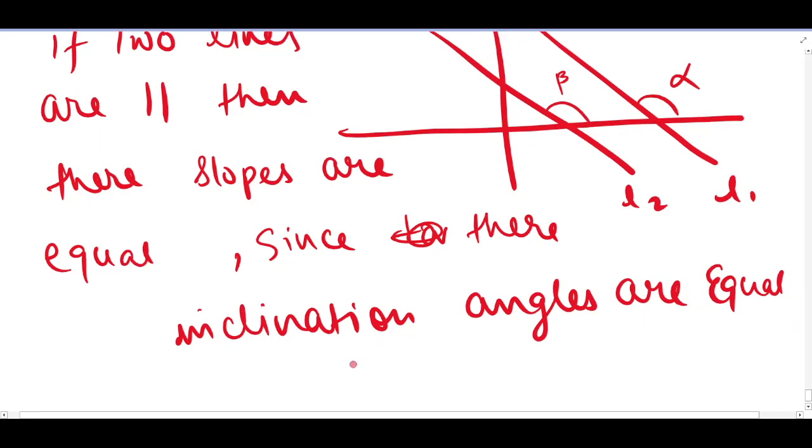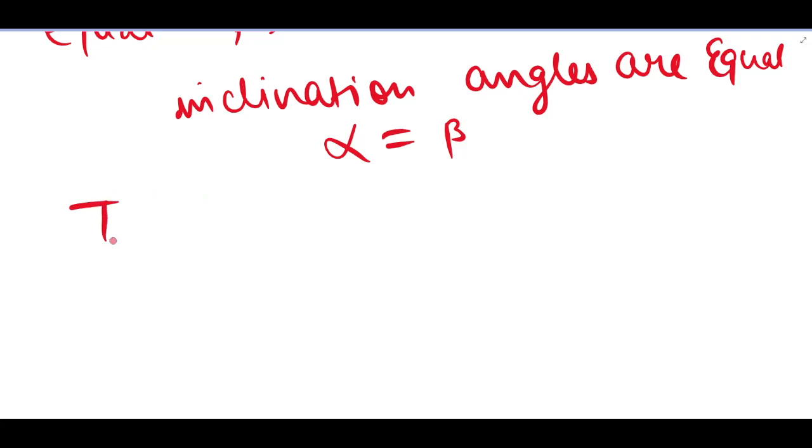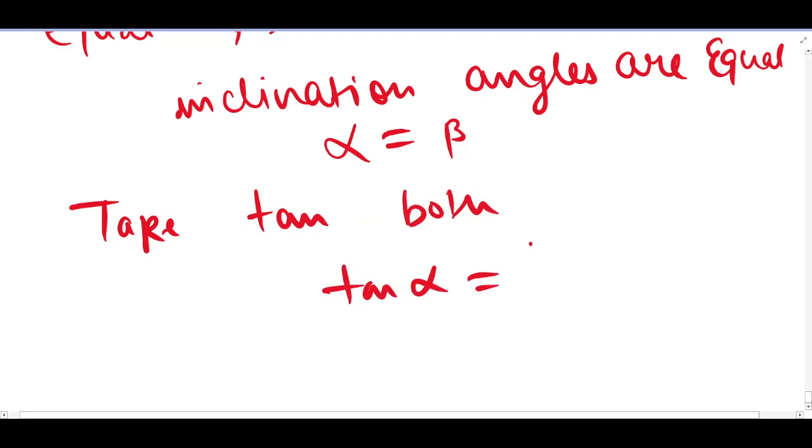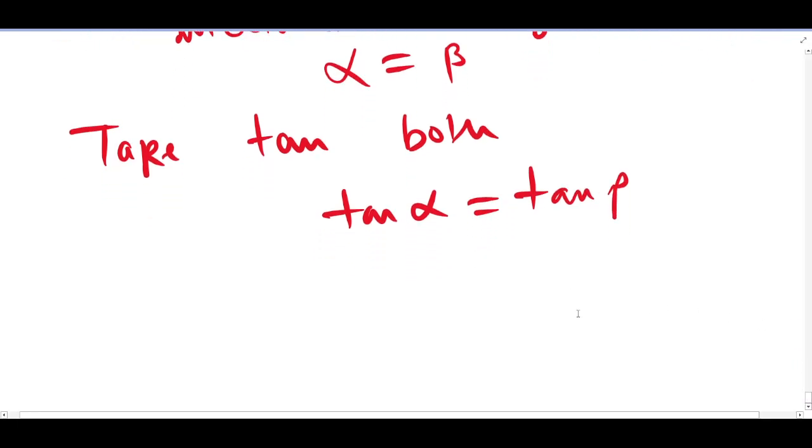Therefore we can say alpha is equal to beta. So we take tan on both sides. We have tan alpha is equal to tan beta, and tan of any angle is given by slope.